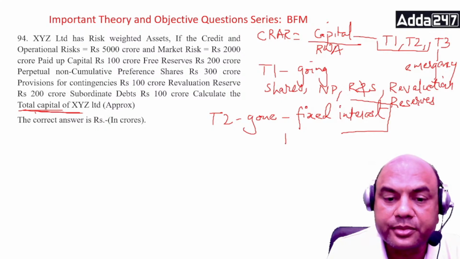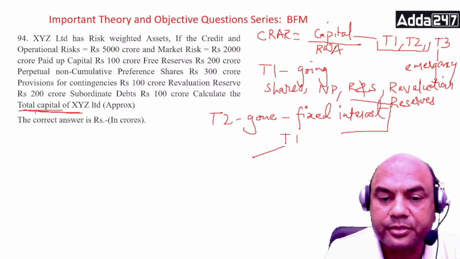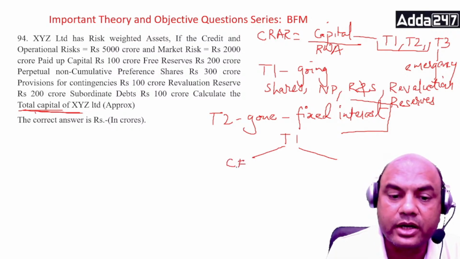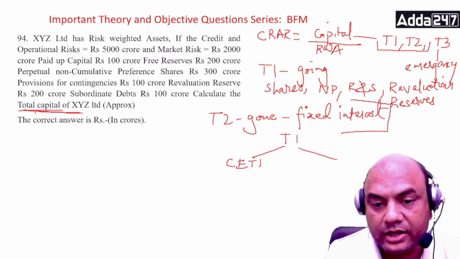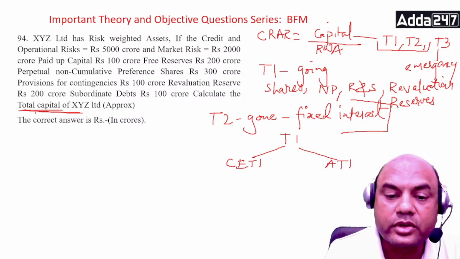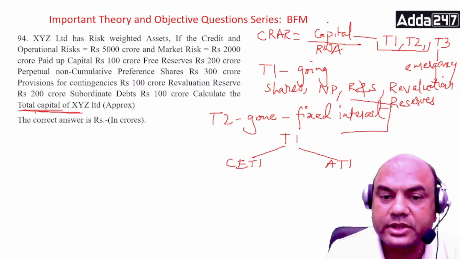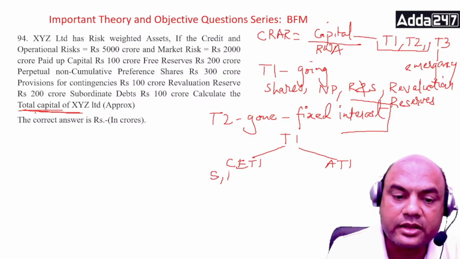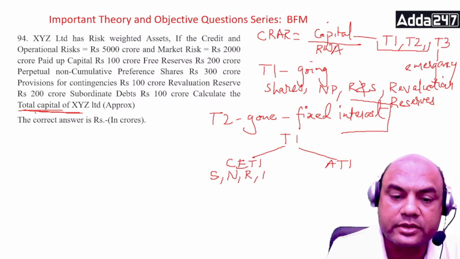T1 is of 2 types. Okay, 2 parts it is. One is CT1, common equity tier 1. And the second one is known as AT1, additional tier 1. CT1 has these 4 elements which I have written just now. I'll write the short forms: shares, net profit, reserves and surplus, and revaluation reserves, RR.